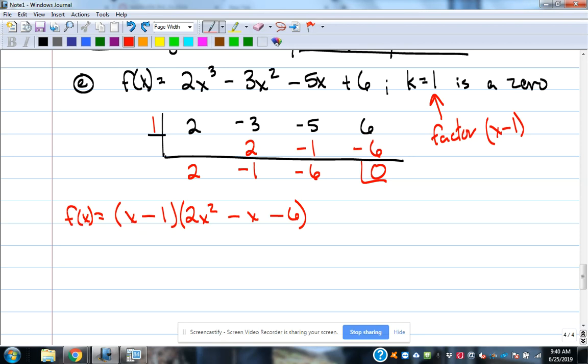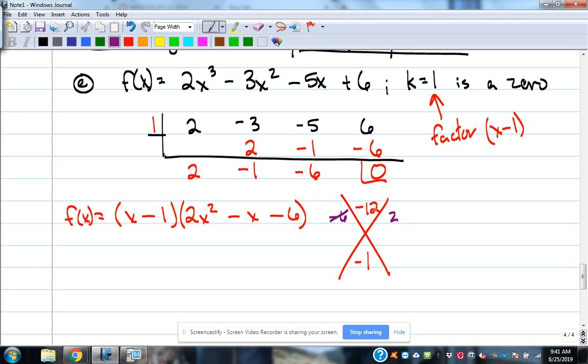Okay. All right. Now, we got to see if we can factor this polynomial a little further. Well, that's a quadratic. It's got 3 terms. So I'm going to take that and do the x method with it. So 2 times -6 is -12. Add to be -1. -6 and 2 multiply to be -12, but add to be -4.